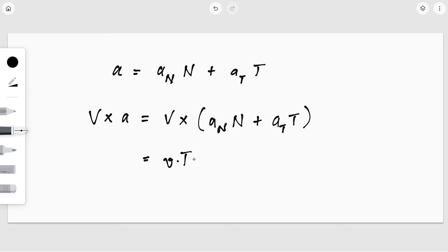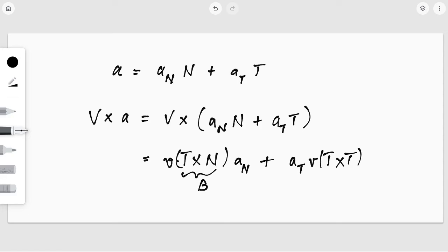So what do we get? small v into t cross n into a_N plus a_T into v t cross t. Now using cross product, what will this value be? We know t cross n is b. Notice this value, t cross t is 0.